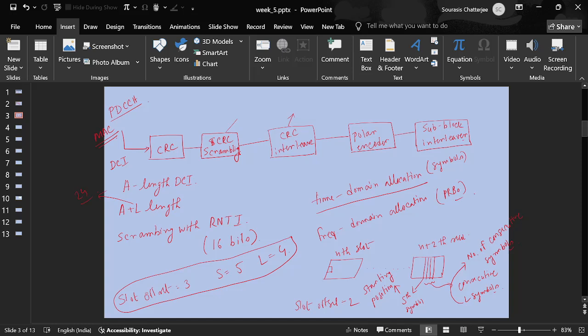Of course, we cannot send these numbers like that. There are certain combinations. So how many such combinations are possible for, let's say, if I consider offset 0?